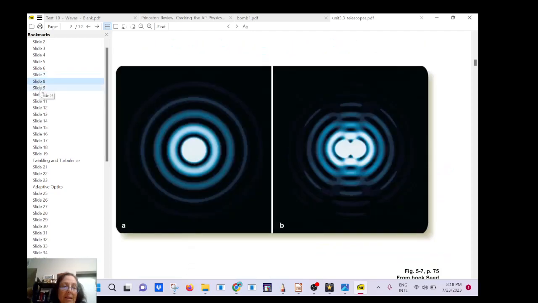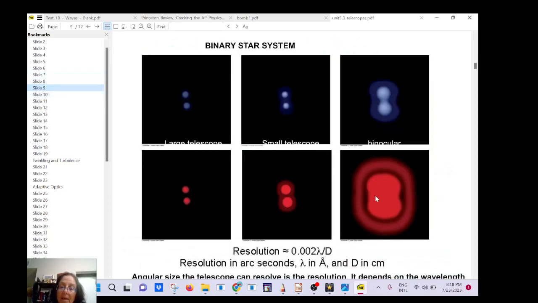And what can happen is that, if you are looking at two stars here, the red has a large wavelength, so you see how those two points are merging together. But if you are looking in the blue, which has a small wavelength, you can tell them apart. That is because red light tends to diffract more.